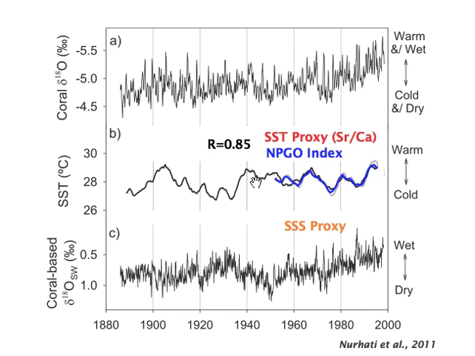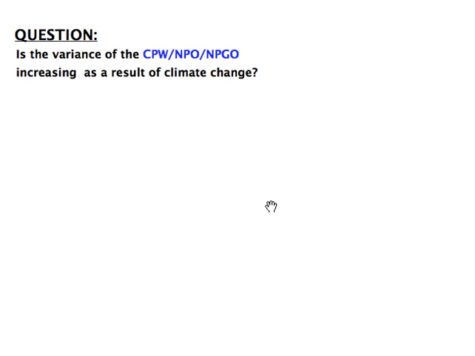Given the high fidelity of this proxy, we can then look at variability in the proxy of SST back in the 1900s and find that there are large fluctuations in amplitude of the CPW, hence suggesting that changes in variance in the modern time are perhaps part of the natural range of variability.